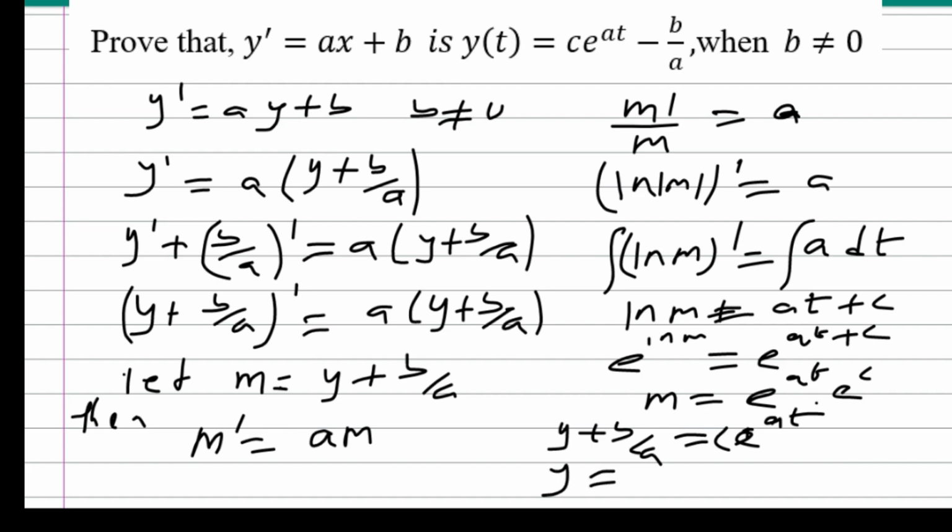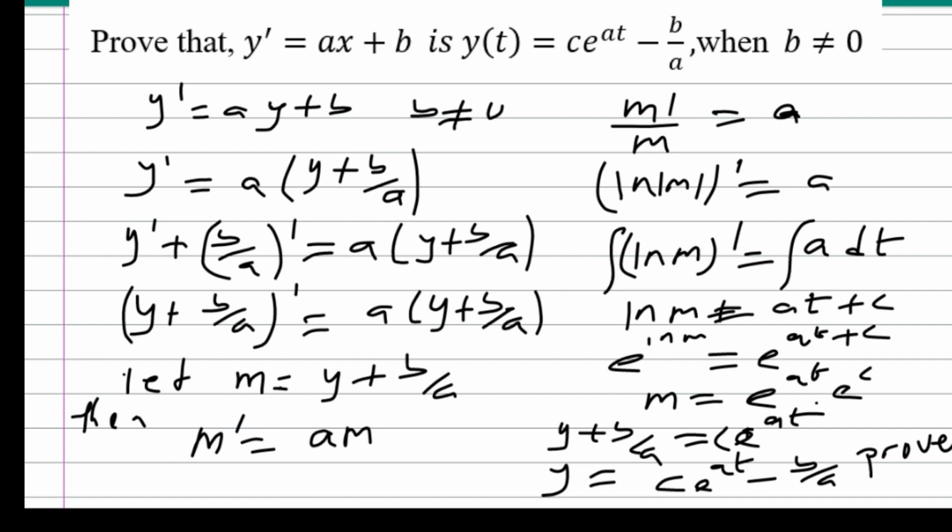So y is equal to c e exponent at, and b over a on the left hand side going across will be negative b over a. And that also proved the case when b is not equal to 0. So when b is not equal to 0, that is the proof also.